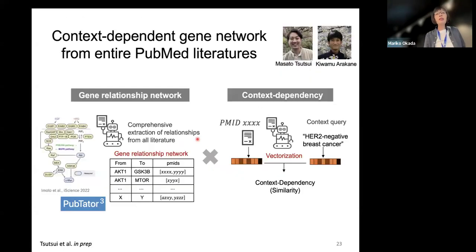By using this, we have a context-dependent vector, analyzing vectors for each and getting the information of the network.